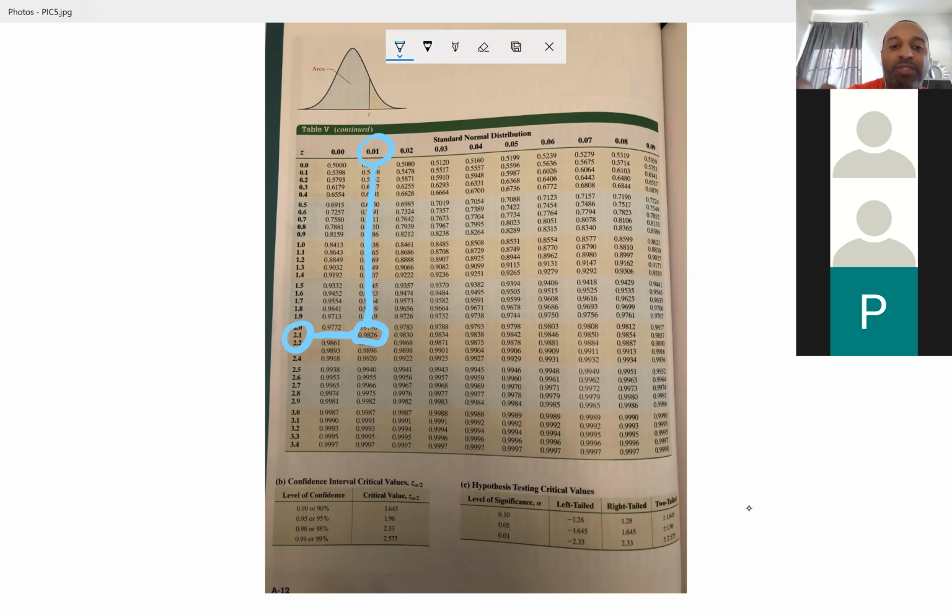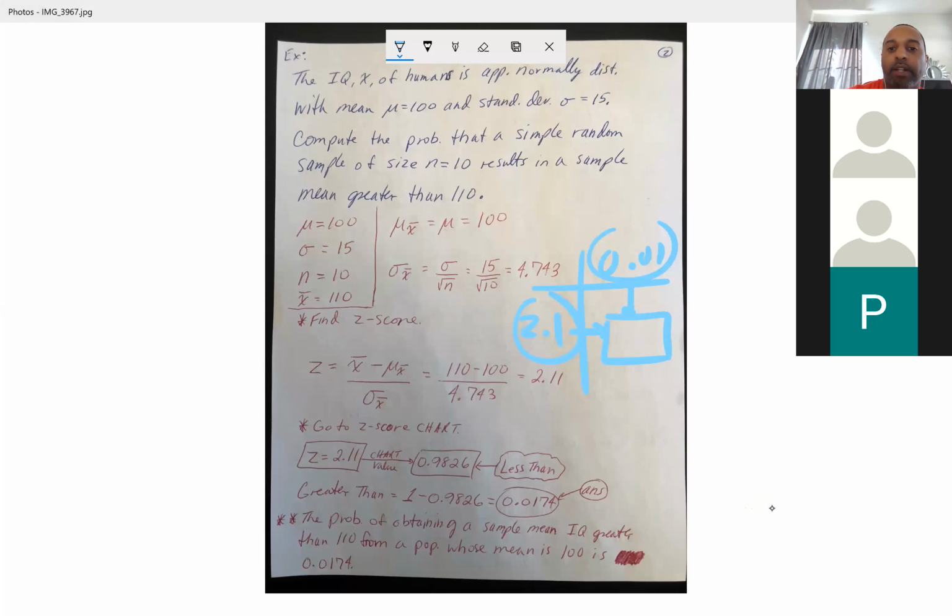So let's go back to our notes. Now we want greater than. Remember, the chart always gives you less than. So if I want to know what greater than will be, I will subtract the chart value from 1. And so my answer is 0.0174. Don't forget, the chart that the book gives you will always give you less than.